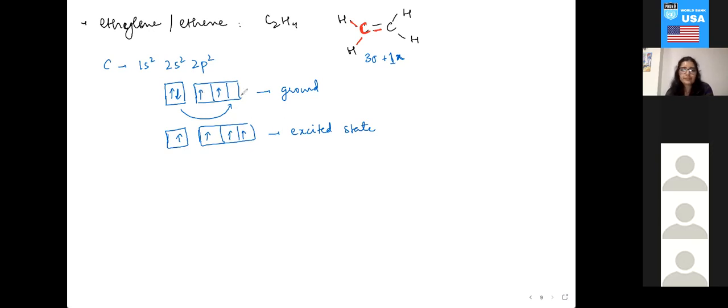If p was almost completely filled, with 5 in p, only one more electron is required. In that case, hybridization is not necessary. It can just form a single overlap, like in the case of HCl. What is happening in HCl? Cl is p5, so that single p electron that requires the 6th electron is the only one going to take part in bonding. There's no hybridization for that. What if there are 4 in p? Huh? What if there are 4 in p?